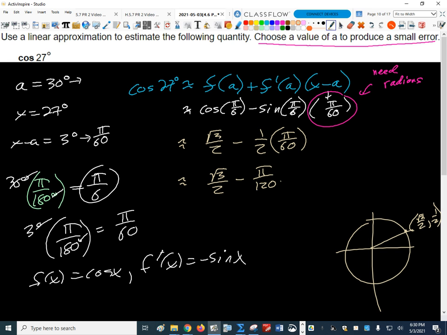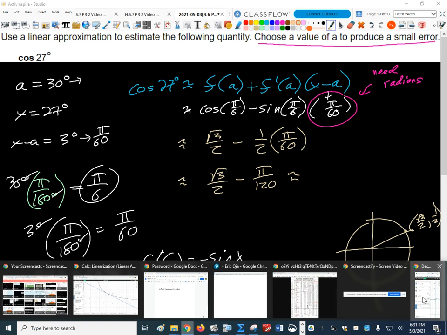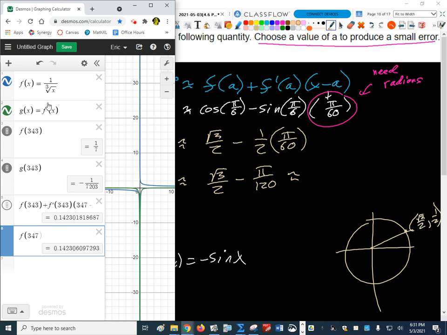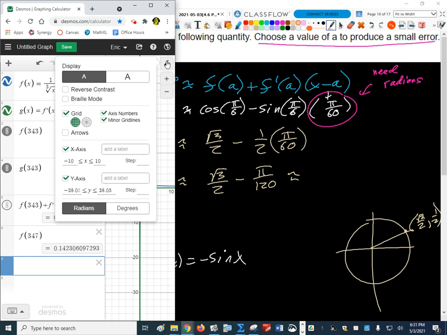If we want to make it a decimal, we can. As a decimal, what's that going to equal? Make sure we're in radians mode.